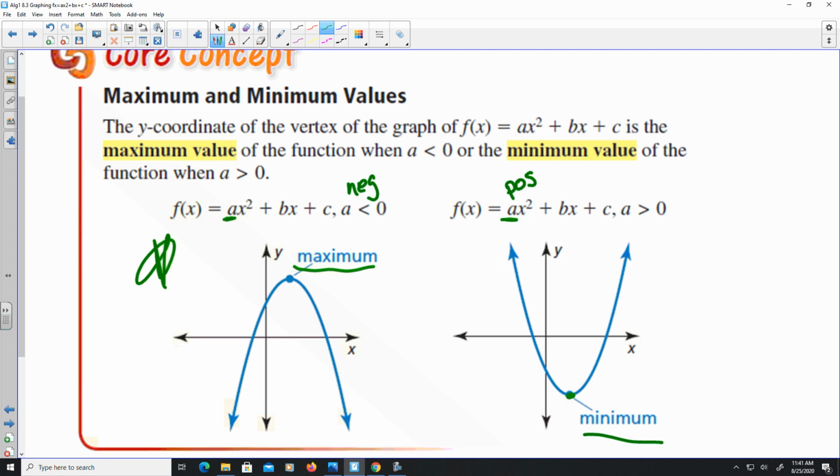And both the minimum and the maximum value will be your vertex. So if they ask you whether it has a minimum or maximum value, all you have to do is ask, is a positive or negative, and solve it from there. Then if they ask you to find that value, all they're asking you to find is that vertex.